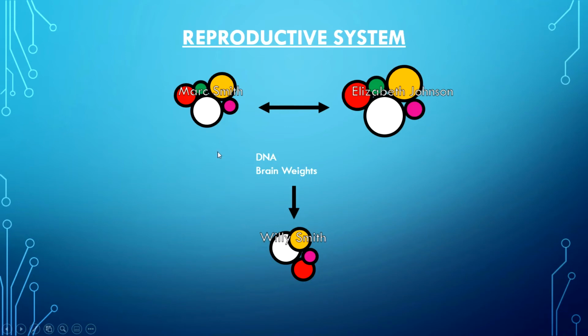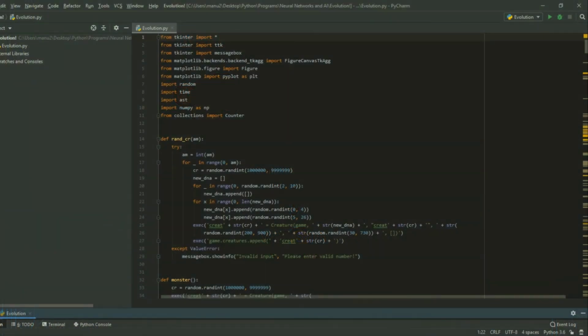So, for example, this one doesn't have a mouth, and all the cells could be in another place. And its first name is also randomly generated. Its brain weights also blend together, but you can't really see it from the outside. It's just with how its character and behavior will be.